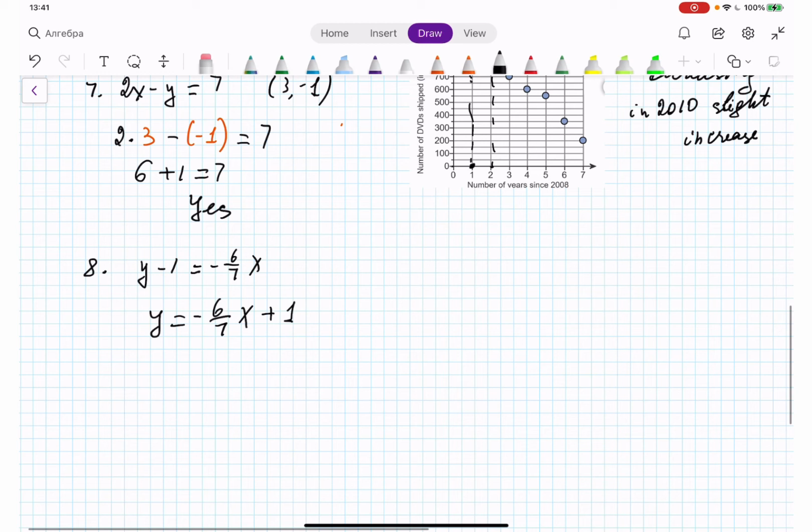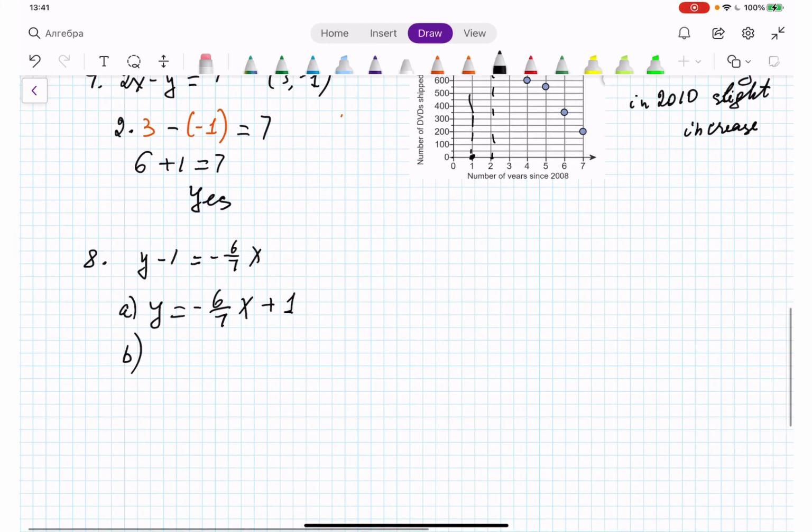So this is the A case, and for the B case, since we have the equation for y, if our x is equal 14, how much will our y be? Let's see. Y is equal negative 6 over 7, we multiply by 14, right? Replacing x with 14, and plus 1.